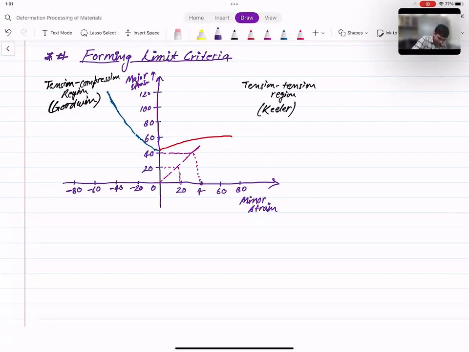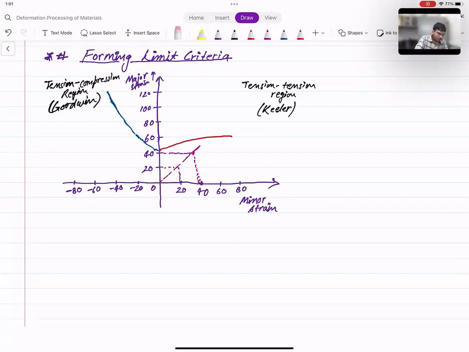So say this is, okay. So this is balanced biaxial.